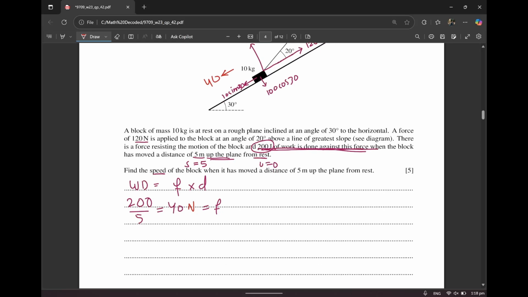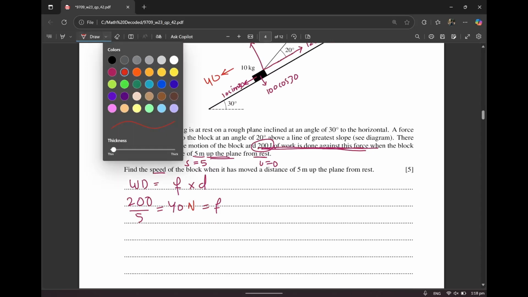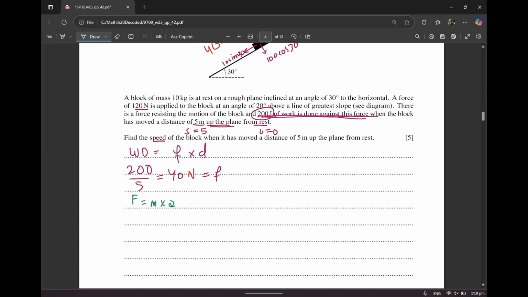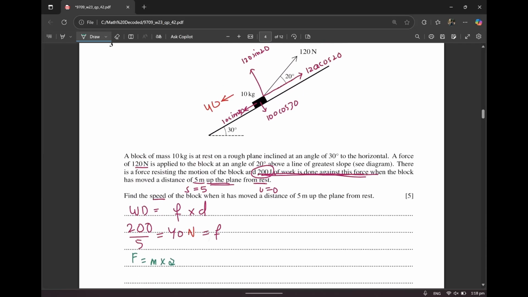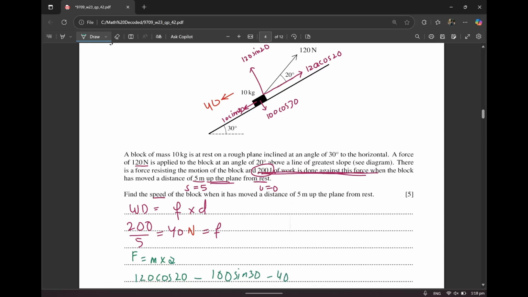All right, so now I'm going to use F is equal to ma. F is equal to m into acceleration. The resultant force in this case is going to be 120 cos 20 minus 100 sine 30 minus 40. I hope that makes sense.